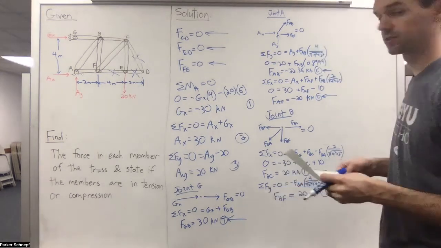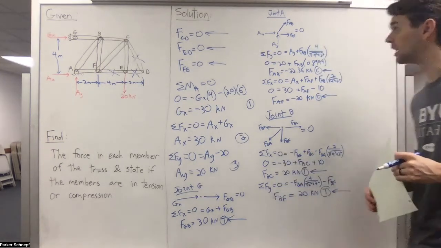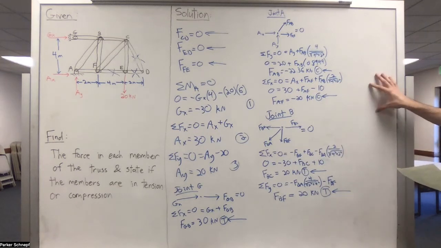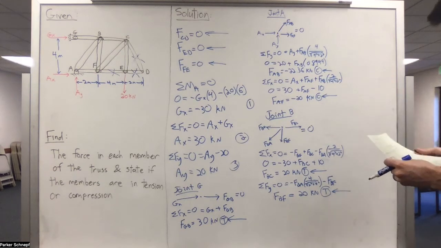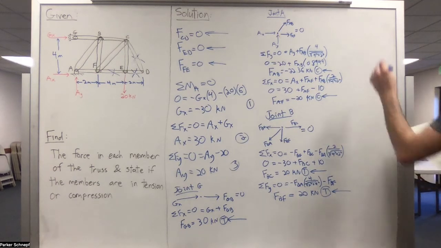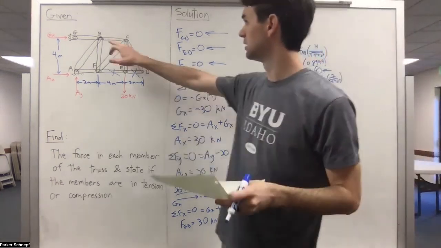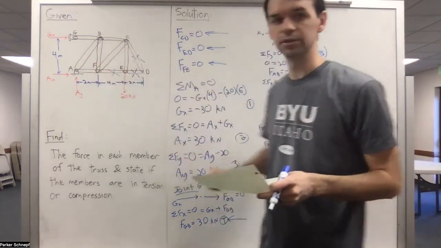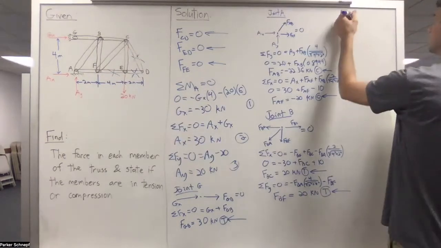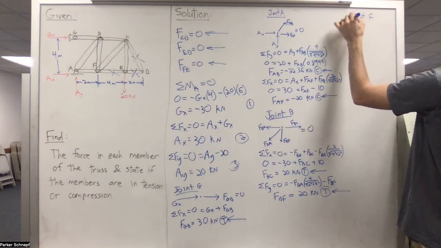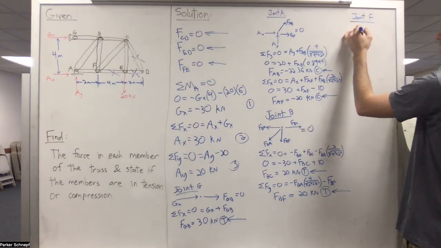So we're getting close. I unfortunately am running out of space. Maybe I can fit one more column over here if I write really small. So let's try. All right, so we've gone through joint B. Let's now go to joint F. At joint F, what do we have?